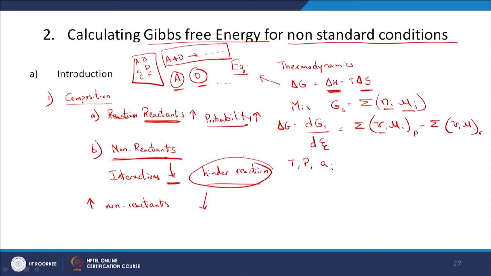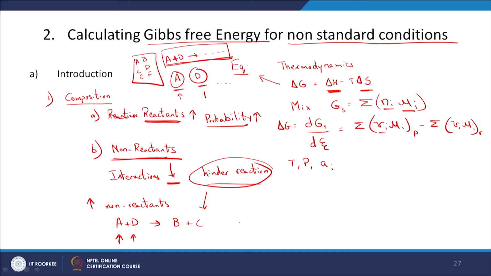So here we talked about an example again, A plus D going to products. The greater the concentration of A and the greater the concentration of D, the higher the chances of collision between molecules of A and molecules of D, and for the reaction to go through.